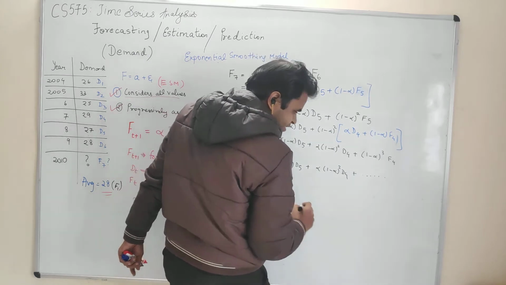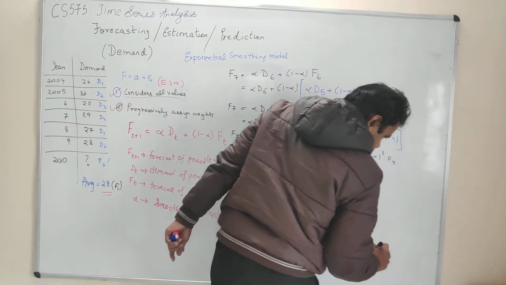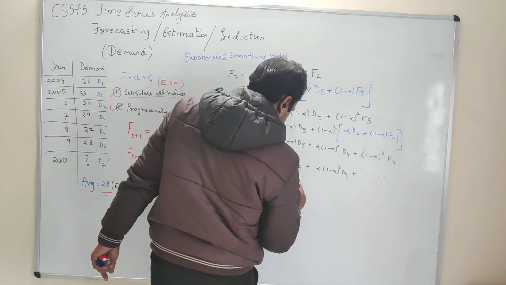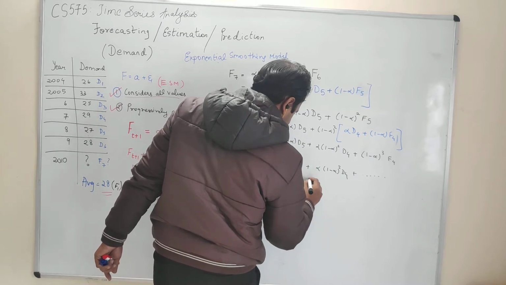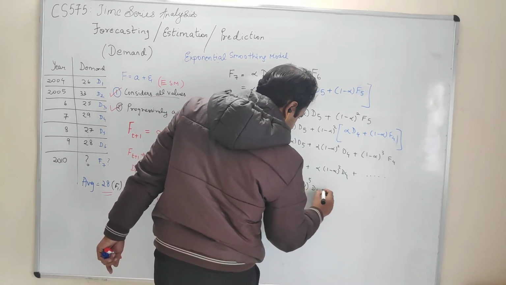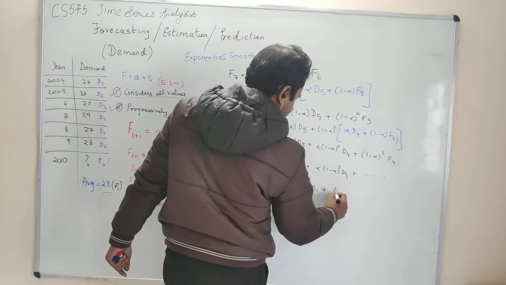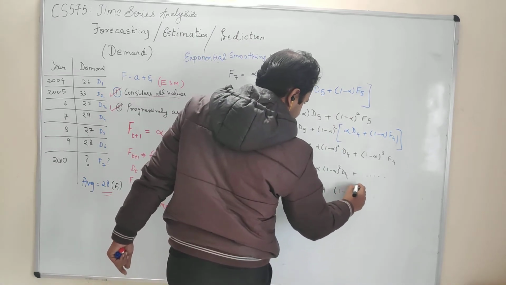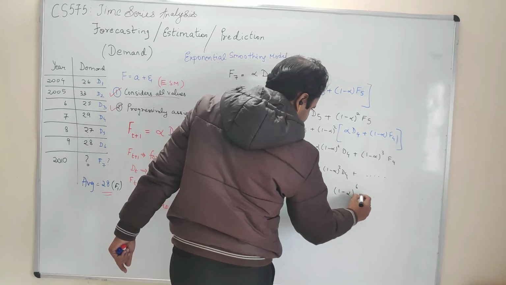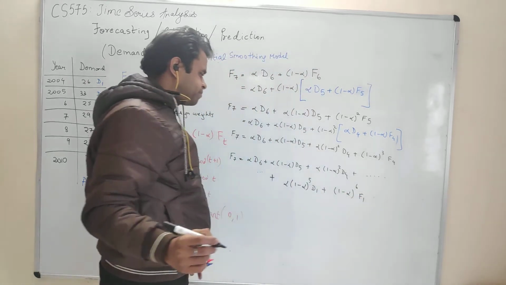Expanding and writing in the next line: alpha times (1 minus alpha) demand 1, plus the last term that remains, (1 minus alpha) raised to 6 times F1.